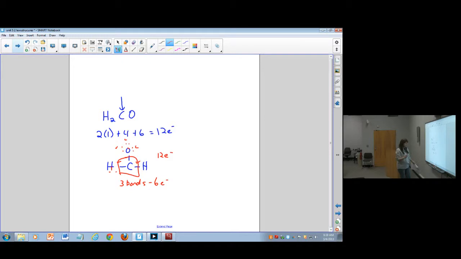No. No, no, no. First of all, this violates the octet rule, and you can't use one of your exceptions here. Carbon is not going to violate the octet rule. So that means I need to bring down a pair of those electrons and share those between the carbon and the oxygen. And so it's going to look like that.